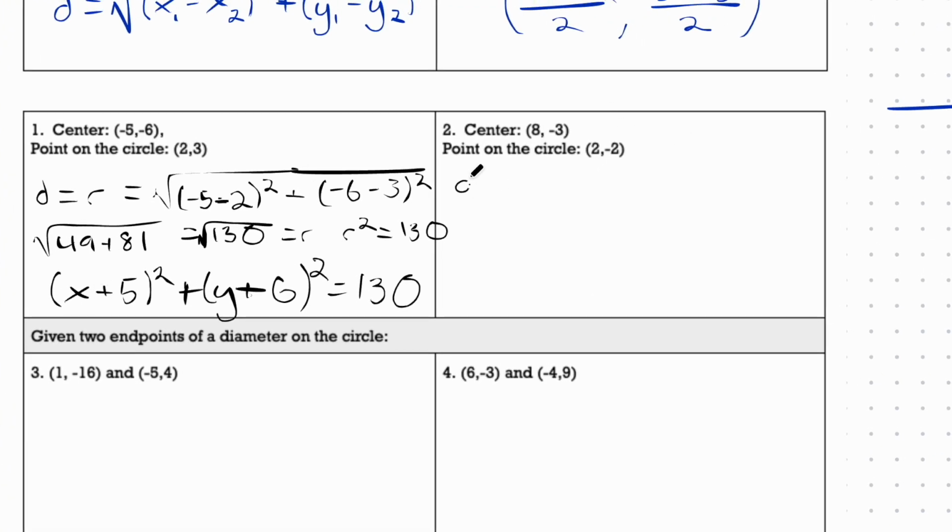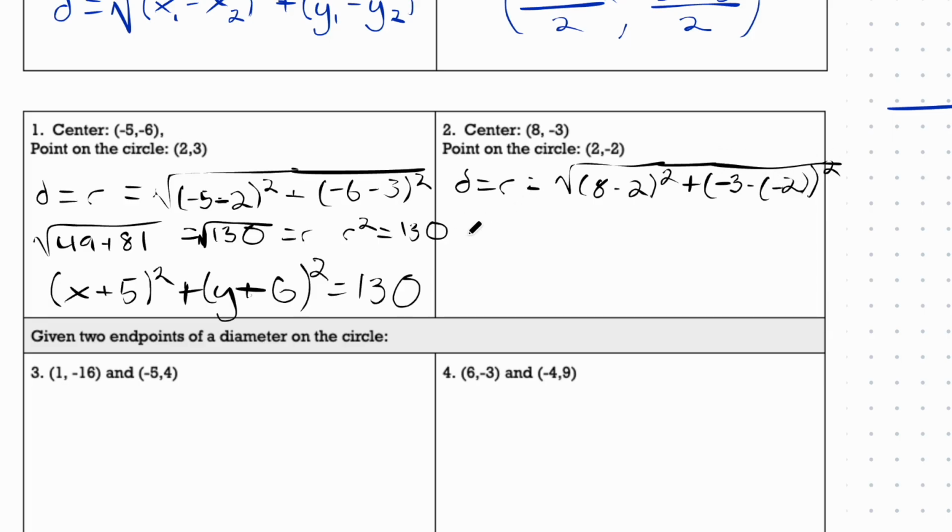We're going to say D equals R in this case, and D equals the square root of 8 minus 2 squared plus -3 minus -2 squared.